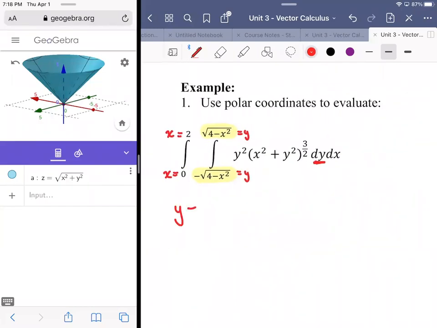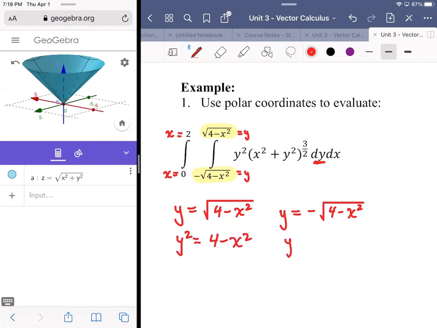So we have y equals the square root of 4 minus x squared as the upper bound, and y equals the negative square root of 4 minus x squared as the lower bound. To get a sense of this, I could put it in Desmos or GeoGebra, but why don't I just square both sides and see what's going on? y squared is equal to 4 minus x squared.